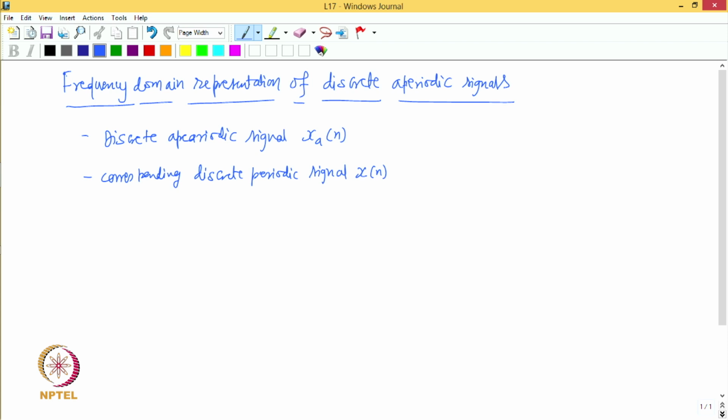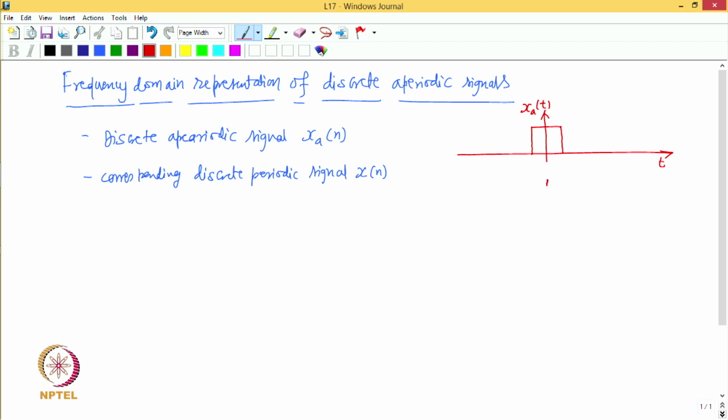If we show it by figure, let us consider a pulse signal. This is the signal x a t, the continuous signal, and let us say this signal is like a rectangular pulse signal.